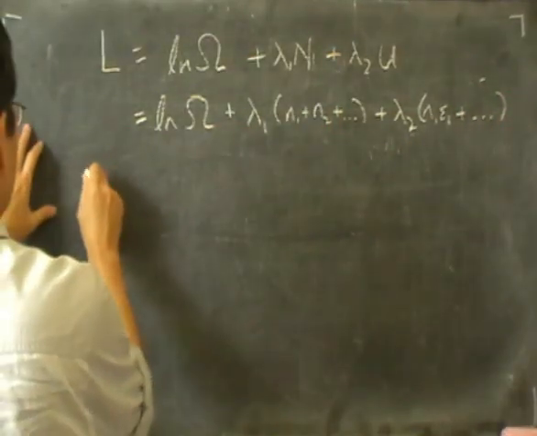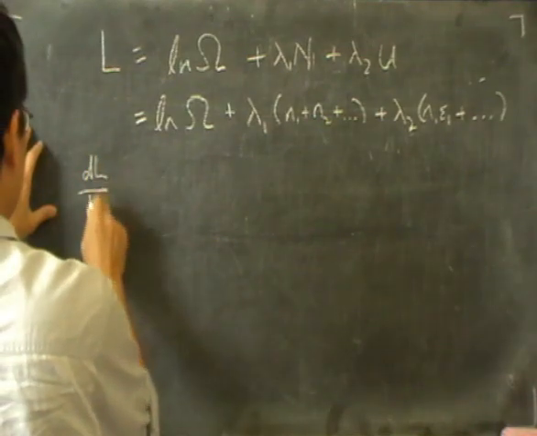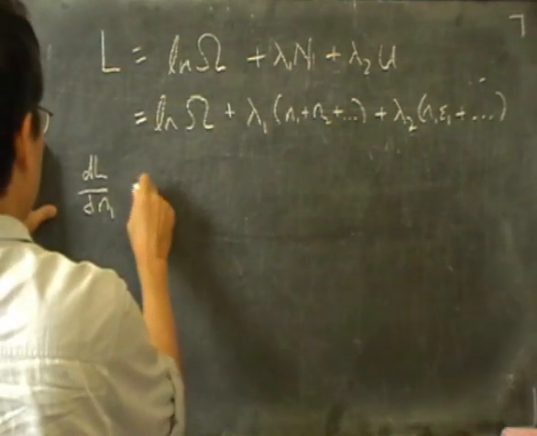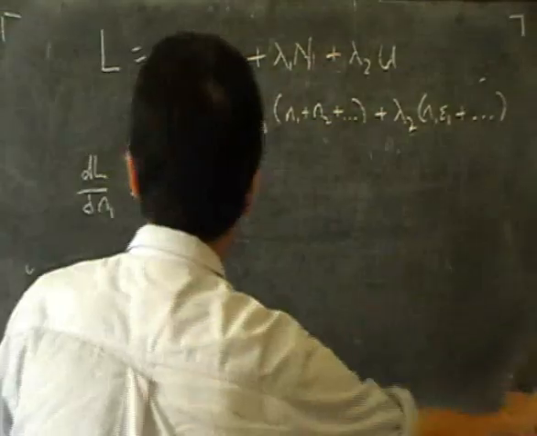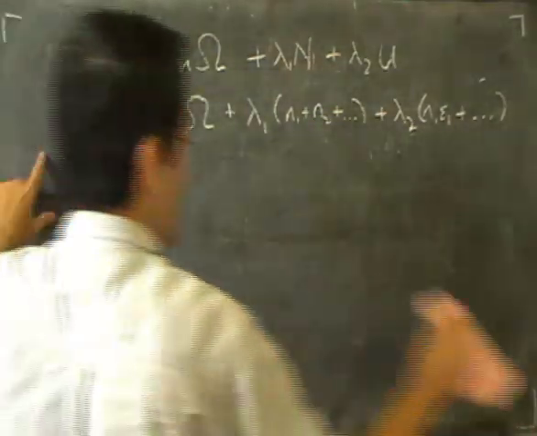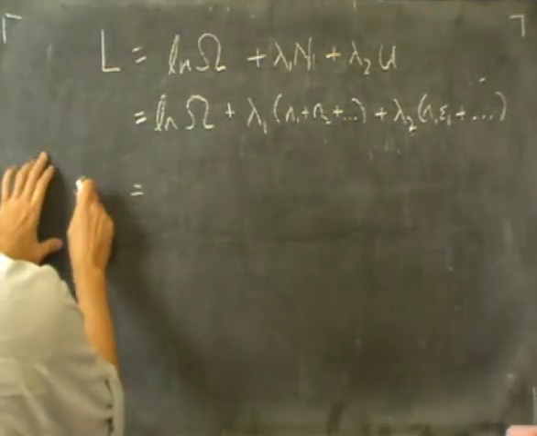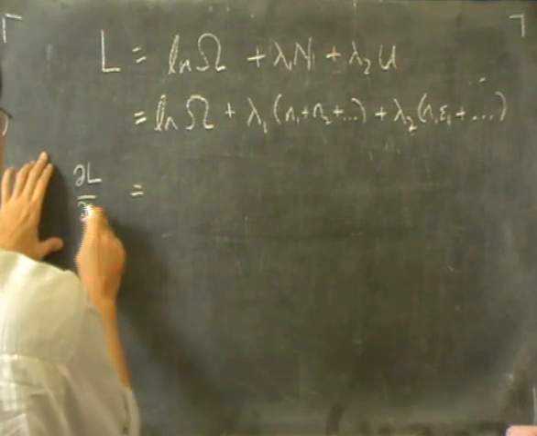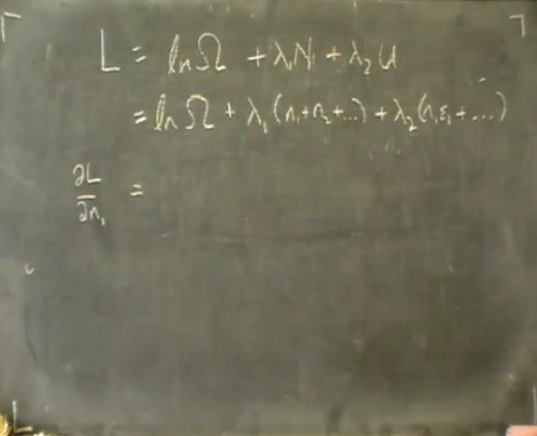Now if I differentiate L with respect to n1, I should be using partial derivatives, right? Del L by del n1.